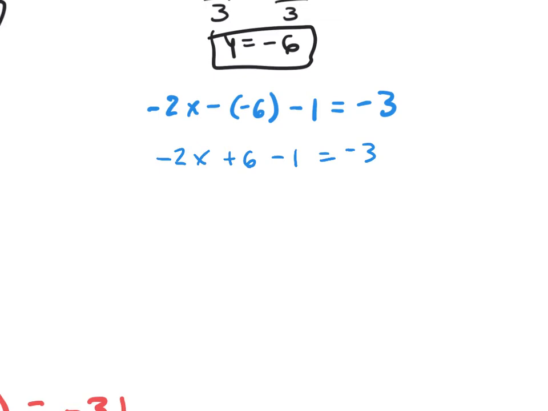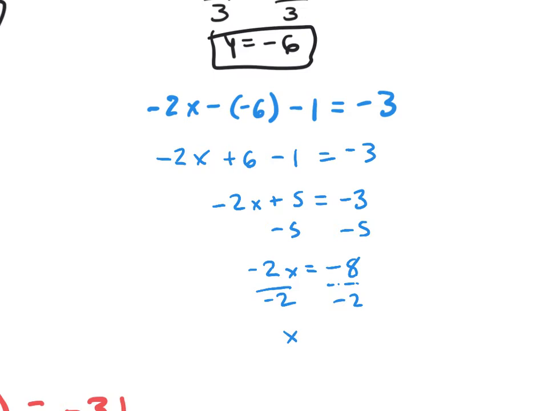What do we do next? 6 minus 1, so that is negative 2x plus 5 is equal to negative 3. Now subtract 5. Negative 2x is equal to negative 8. Divide by negative 2.